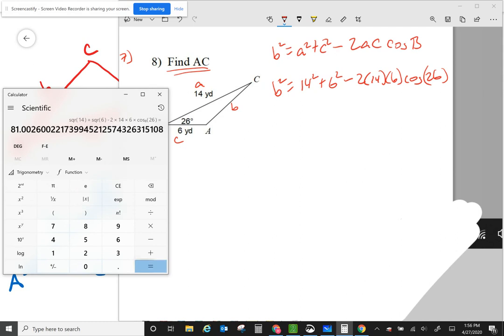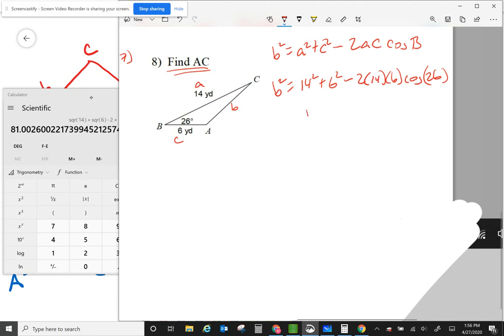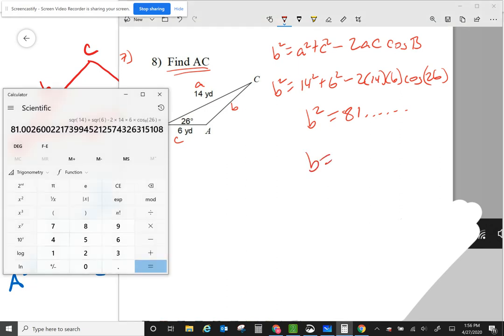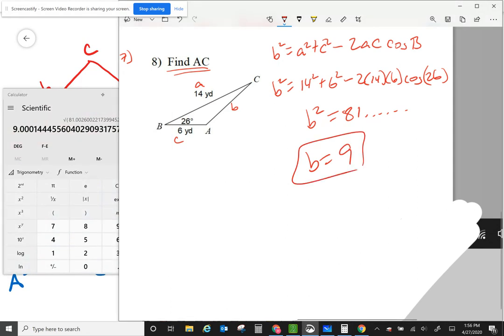Enter. So that's what B squared is. So I have that B squared is equal to 81 point yada yada yada. But I actually want to know what B is, not B squared. So in this case, let me get the square root of it. I have my big decimal. And I'm just going to say B is equal to 9. Whenever you type it, just type in the answer, just 9.